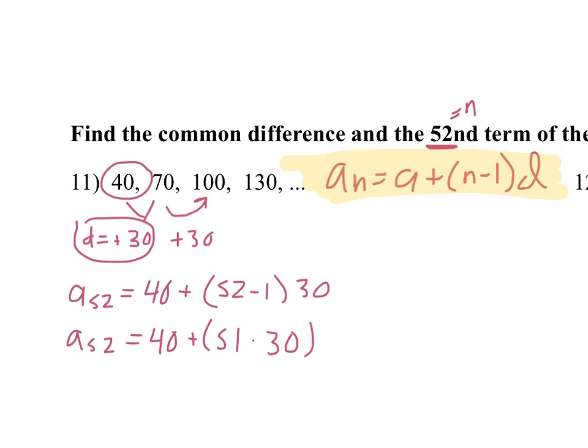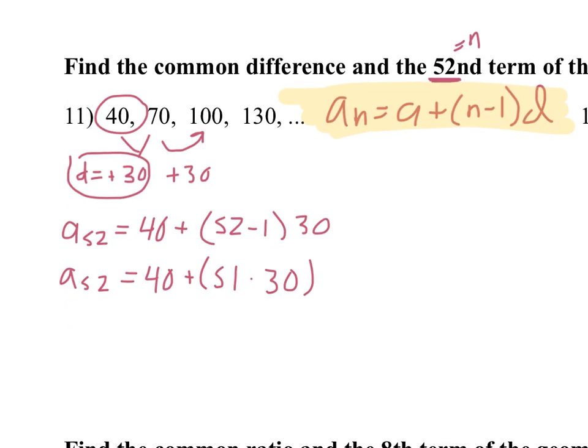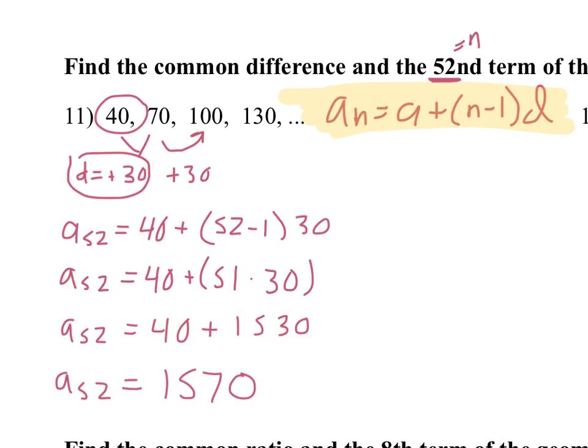Now 51 times 30 is 1,530. And now we just add these two together. So our 52nd term is 1,570.